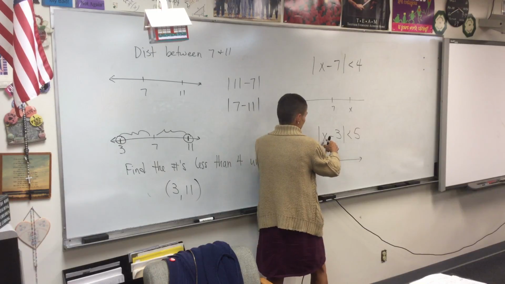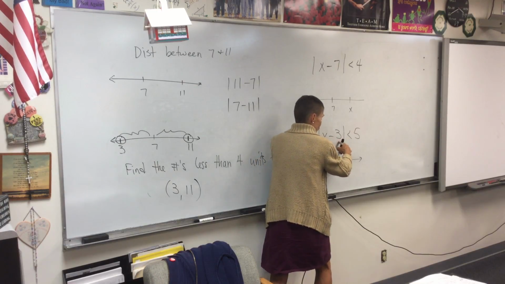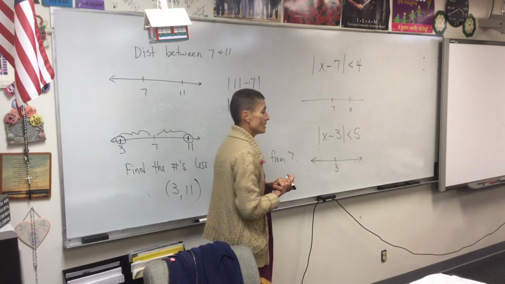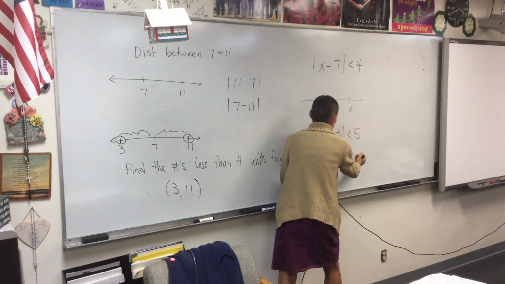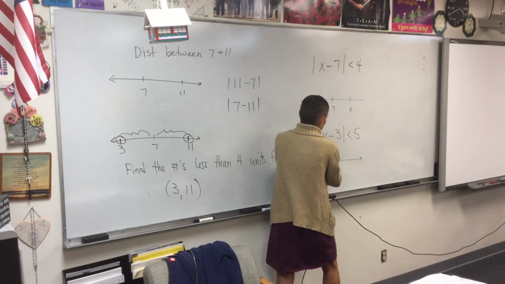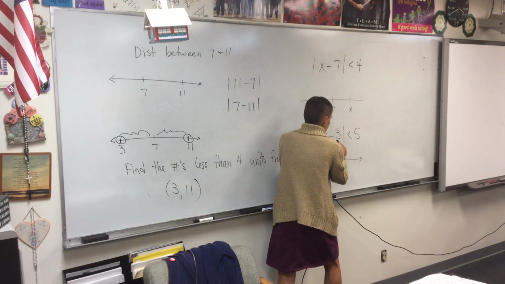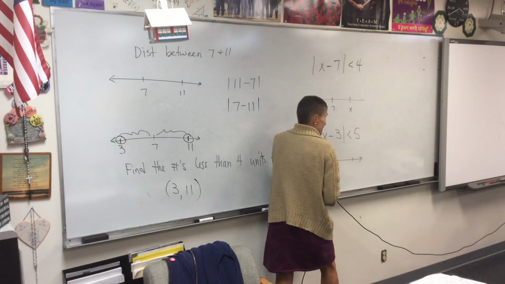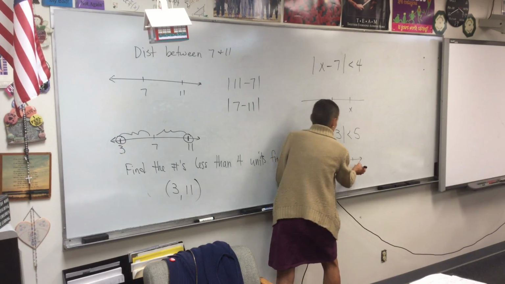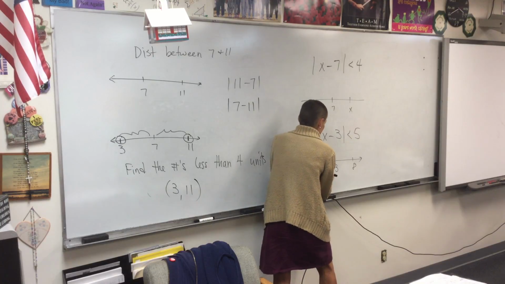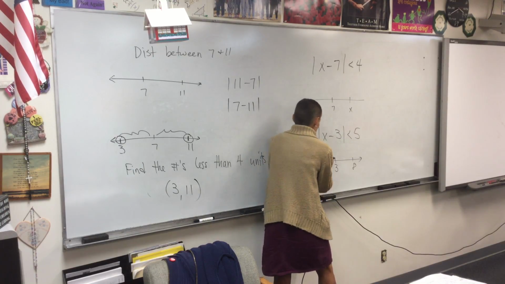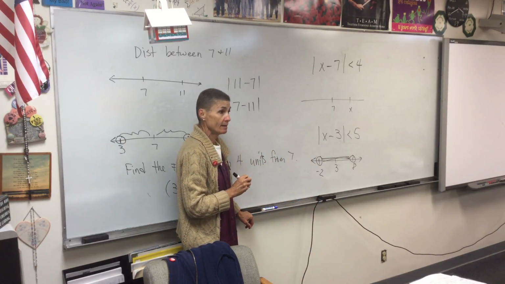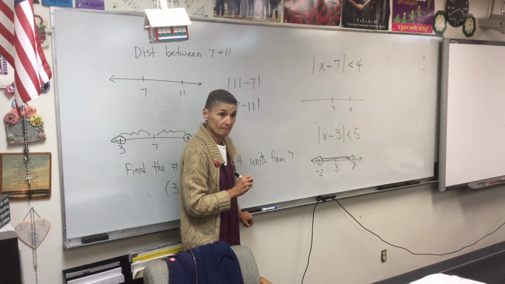The distance between some number and 3 is less than 5. So what are the boundaries on that number? 8 and -2. So every number we need has to be between -2 and 8.